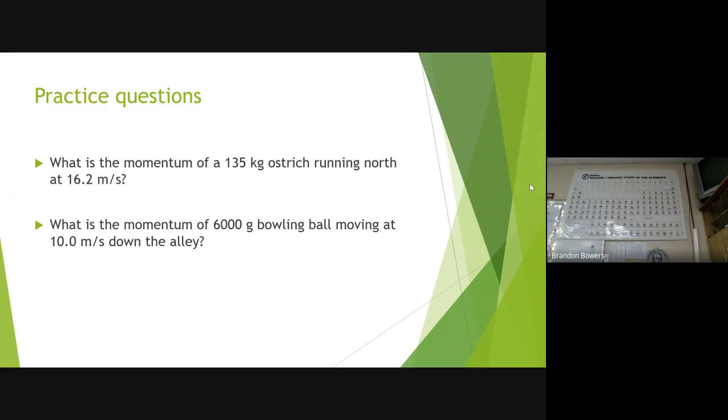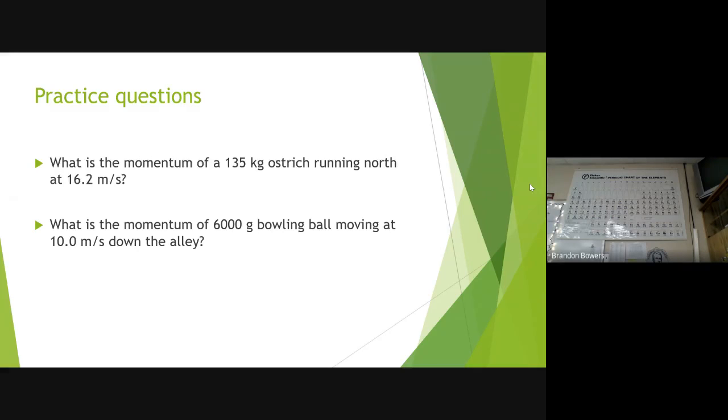All right, let's see. Sean, what's my momentum equation? Let's start there. P equals m times v. Let's see, Landon. Let's start with my mass. What do you notice about my mass? 6,000 grams.